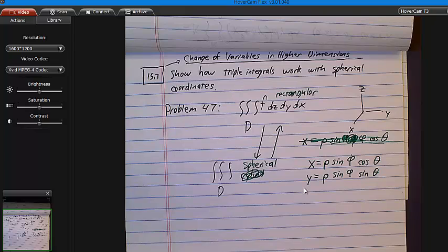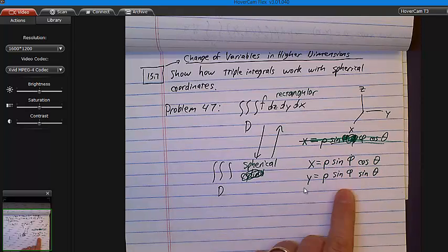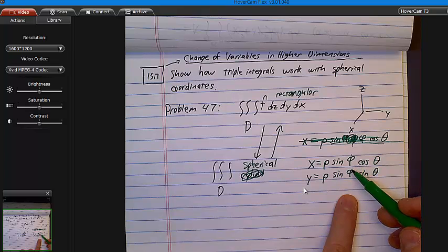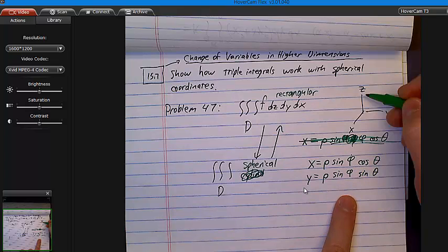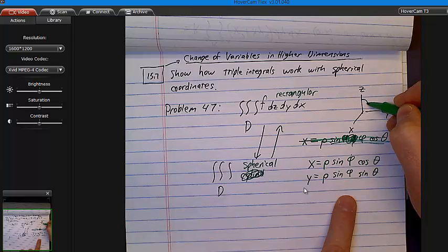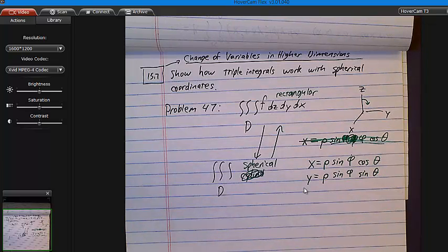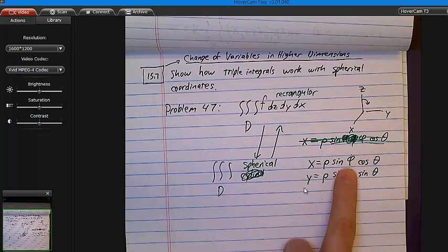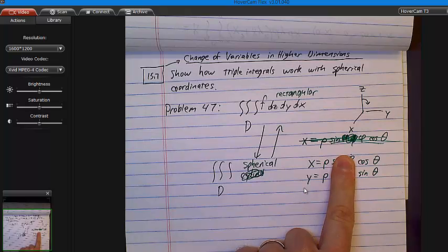By the way, this shouldn't surprise you too much. If I took away phi, for example, if I said that phi is 0, do you remember what phi is on the picture? It's the angle from the z-axis, going down, right? That's phi. If phi were 0, you'd have the sine of 0 is 0.